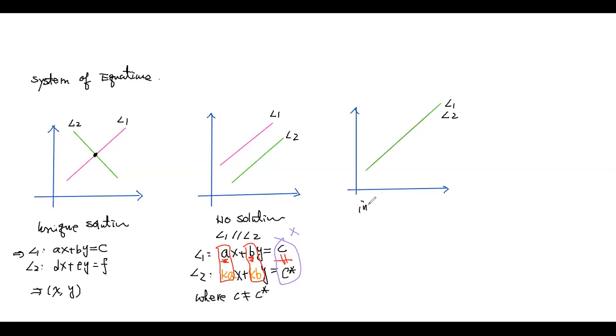So that means it's an infinite solution. Every point is an intersection point, because these two lines overlay each other. So when you write down the equations, if your L1 is ax plus by equal to c, then your L2 can differ only by a constant: kax plus kby equal to kc.